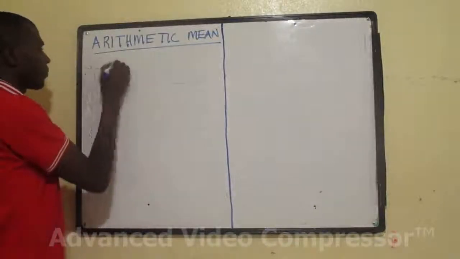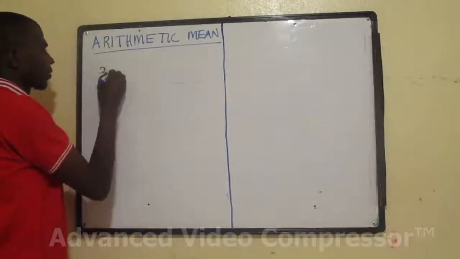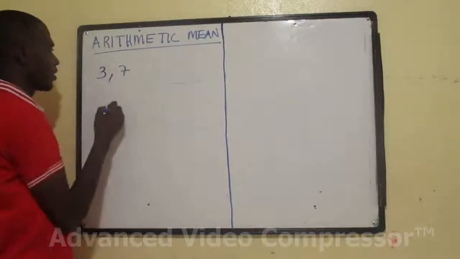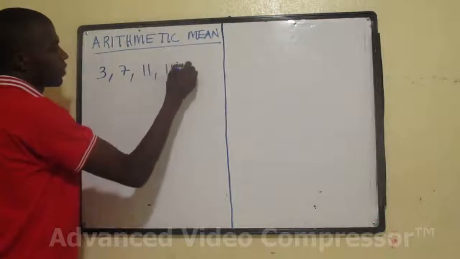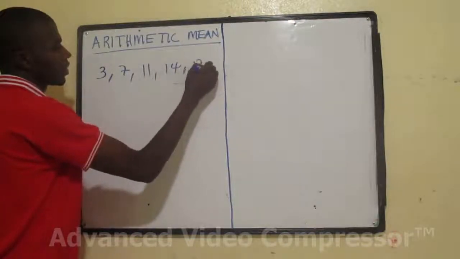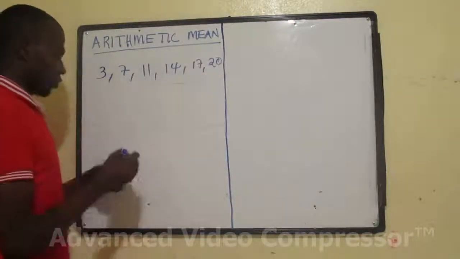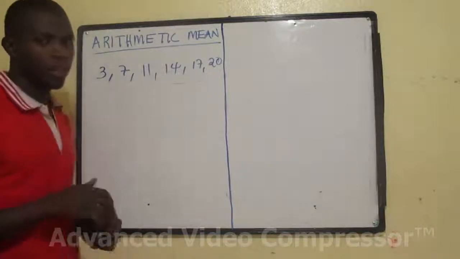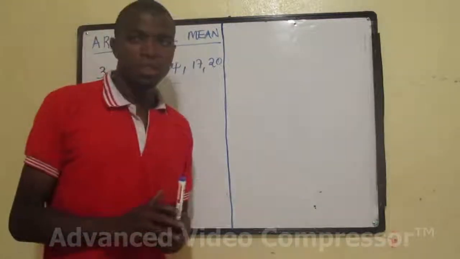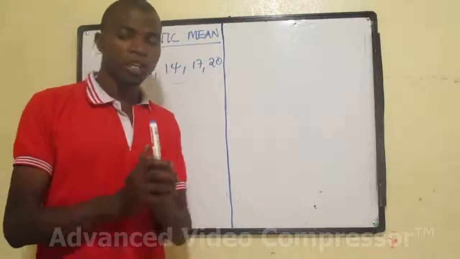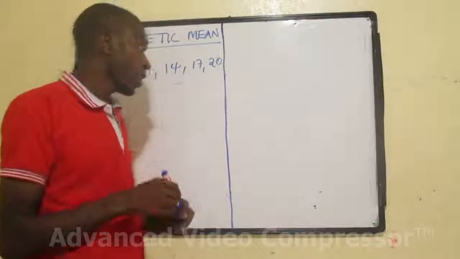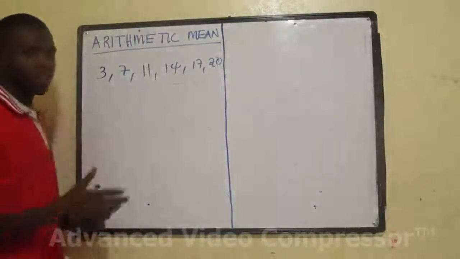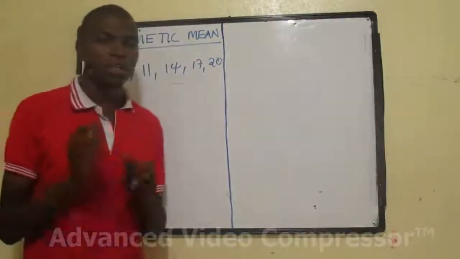Take for example the sequence 3, 7, 11, 14, 17, and 20. The arithmetic mean is simply a term of an AP that lies in between two terms. If you have a term in between, then that term is known as the arithmetic mean.